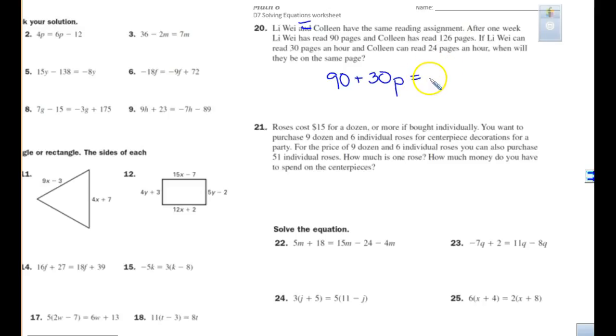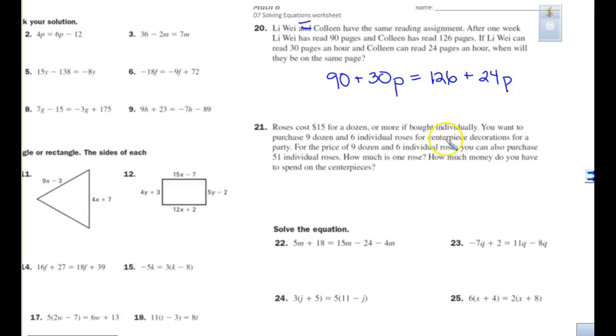She read what? 126. Should we have the variable with 126, do you think? No, because we're looking at plus what, Courtney? How much is she reading an hour? Plus she's reading 24. And so maybe an H sounds better than P, but once you pick your variable, it doesn't matter. You just want to use it the same on both.